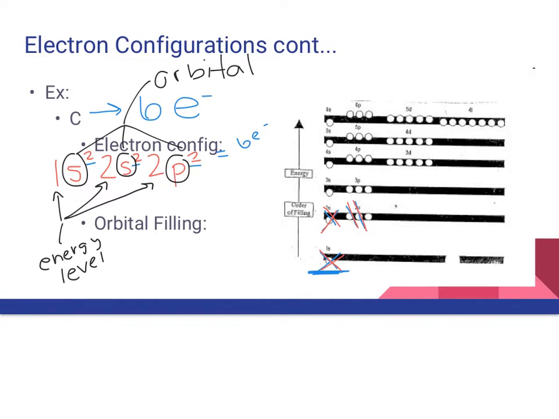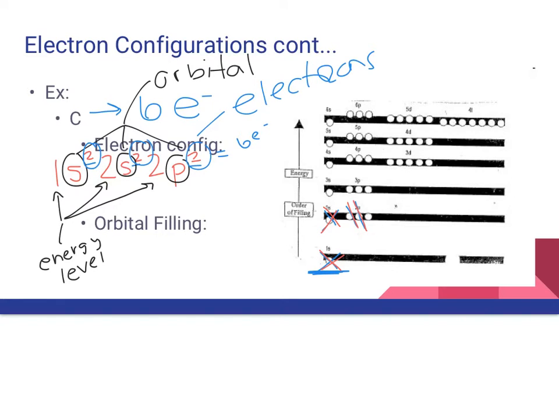We're not going to worry too much about those. And then the numbers up here represent the actual electrons themselves. Okay, so we can use the orbital filling diagram then to come up with the electron configuration. And again, for carbon, our electron configuration is 1s2, 2s2, 2p2.